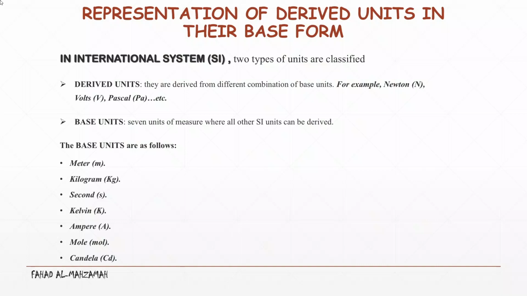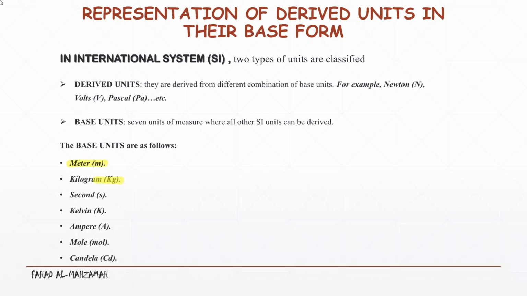So the base units in the international system: the whole set of derived units are derived from a combination of only 7 units, and these are called the base units. The first one is the meter, which is the unit of length.